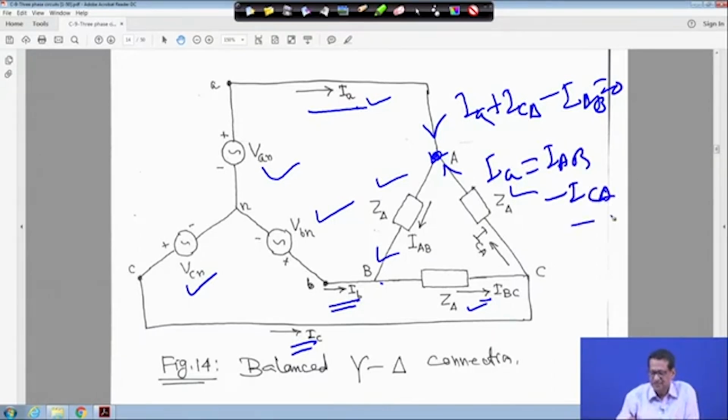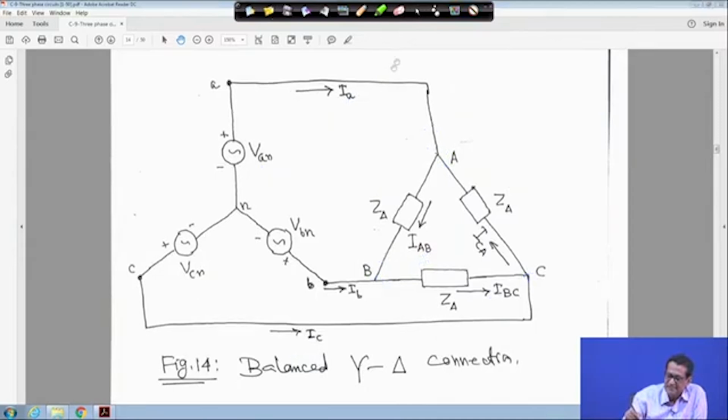Similarly, you have to apply KCL at the other nodes. So, in this case, the line current is not equal to the phase current, because this is the line current and this is the phase current. We have to find a relationship between the line current and the phase current. So, this is delta.